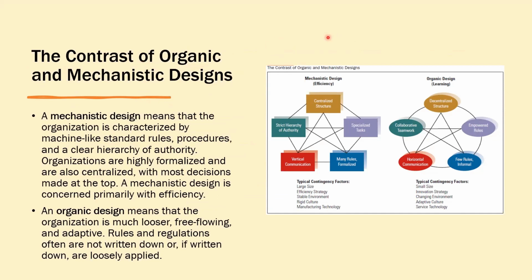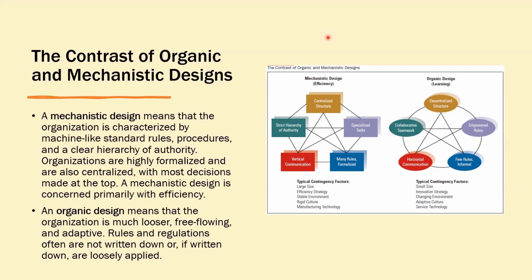Now, some organizations can be described as mechanistic in their design, where their main focus is just efficiency and getting the job done, or they may have an organic design that is more about innovation and learning and improving. A mechanistic design means that the organization is characterized by machine-like standard rules, procedures, and a clear hierarchy of authority.